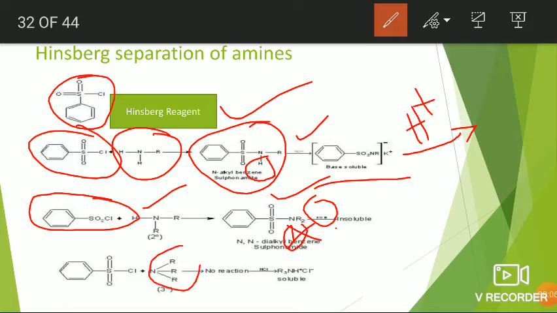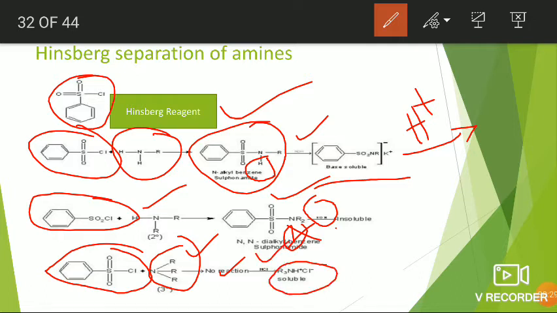Here the tertiary amine doesn't react with the reagent, that is Hinsberg reagent. There is no reaction due to lack of hydrogen. So on treatment with ice cold HCl, the tertiary amine reacts with acid to form a water soluble salt, that is, it enters into the acid layer.